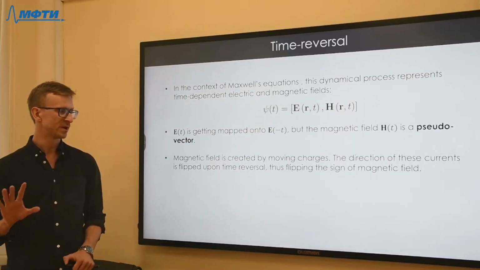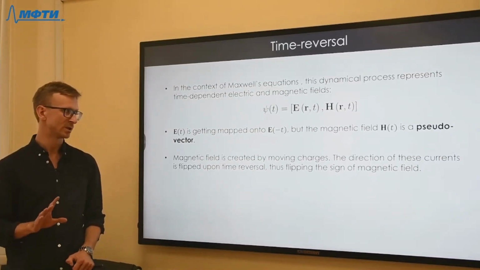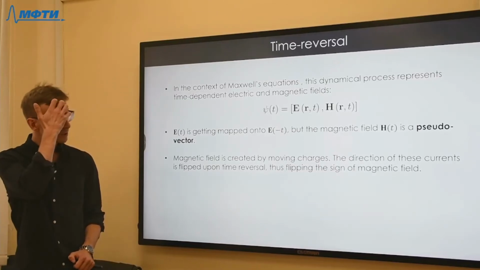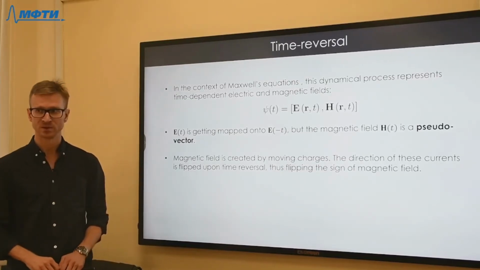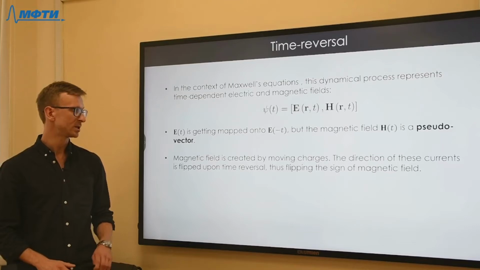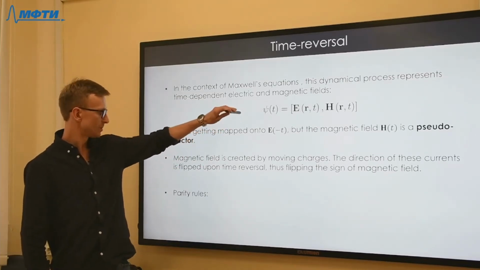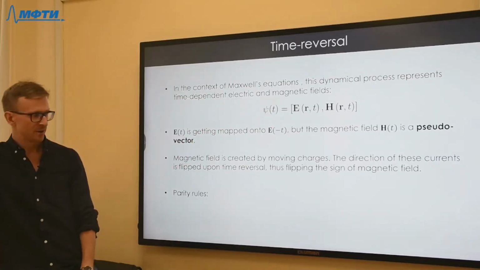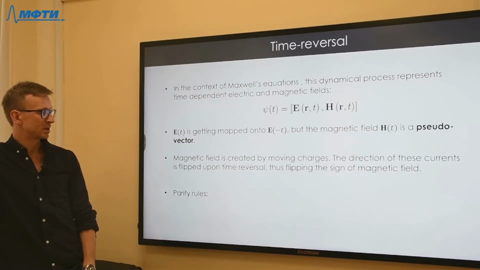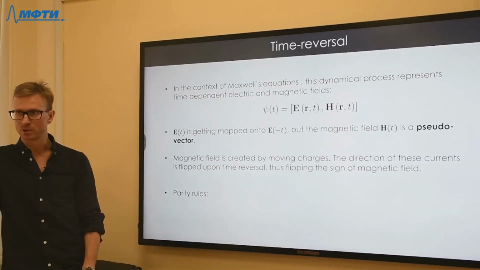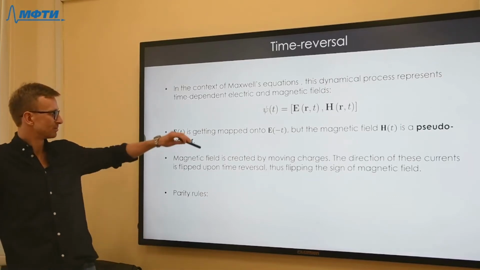This is, of course, a very hand-waving argument, but one can understand this pseudo-vector nature of the magnetic field in the following way. And this all leads to the following parity rules that electric and magnetic fields need to satisfy when we want to flip the direction of time.